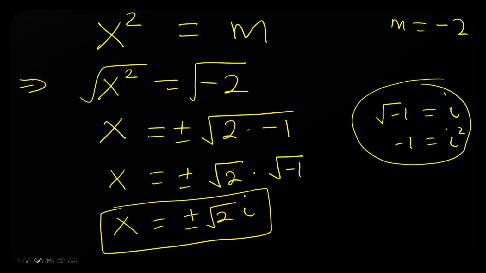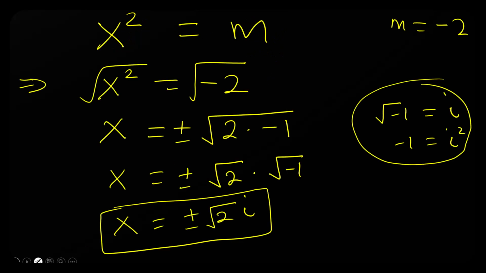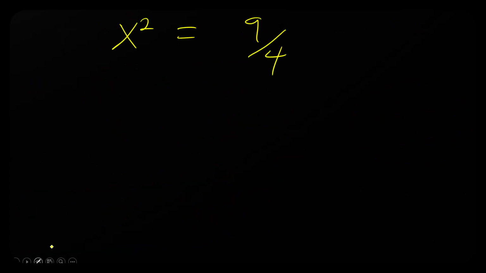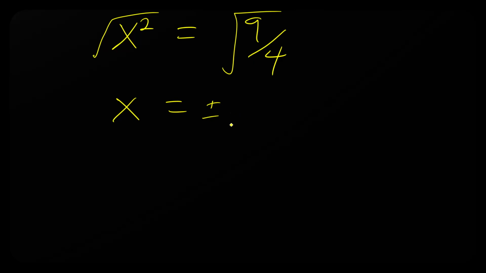Now let's look at the real solution. x squared equals 9 over 4. So from here, we take the square root on both sides. That will make x equals plus or minus, the numerator will be 3 and the denominator will be 2.